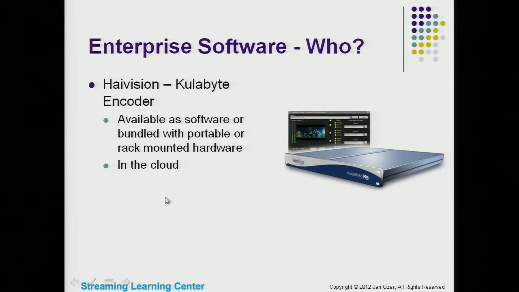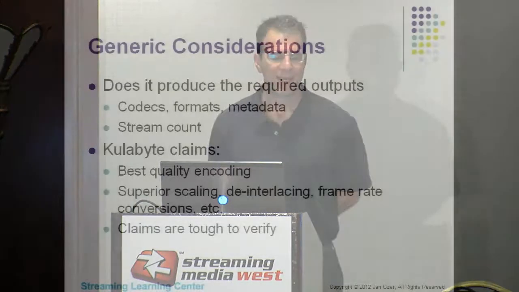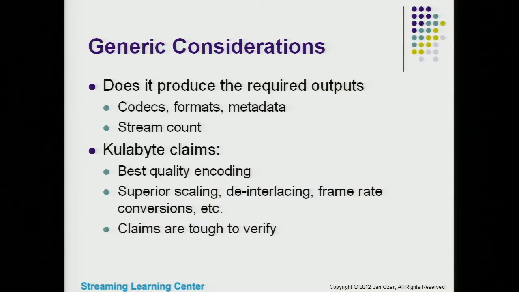So if you're interested in the software side or the cloud side, HaiVision needs to be someone you consider, because I think they play in all those separate categories. Their product has been around for a while, and it is a very strong encoder with good features. Again, generically, you need to worry about, does it produce the required outputs? And Kulabyte, like everybody else, says it's the best quality, superior scaling, and again, I would consider all that stuff generic.